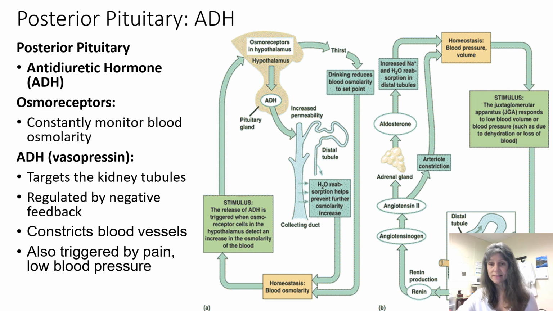Antidiuretic hormone has an effect on the distal convoluted tubules and collecting ducts in the kidneys that causes them to resorb water so that it doesn't leave the body as urine.